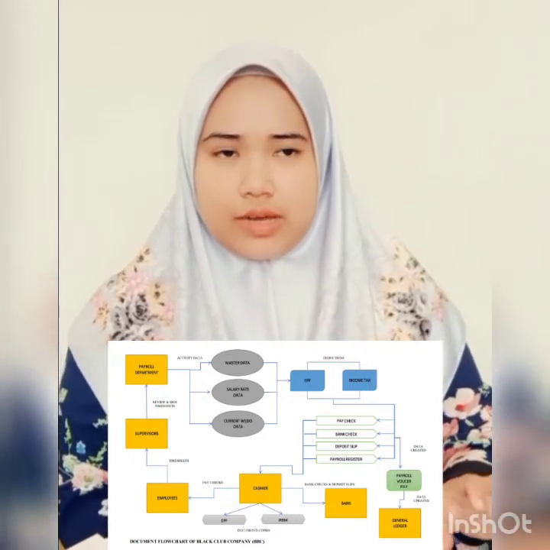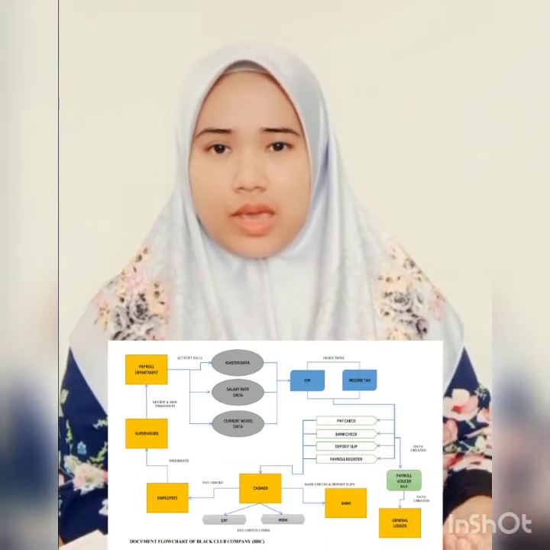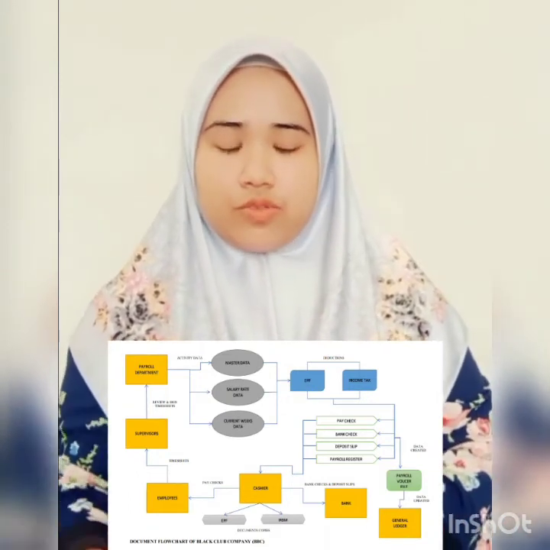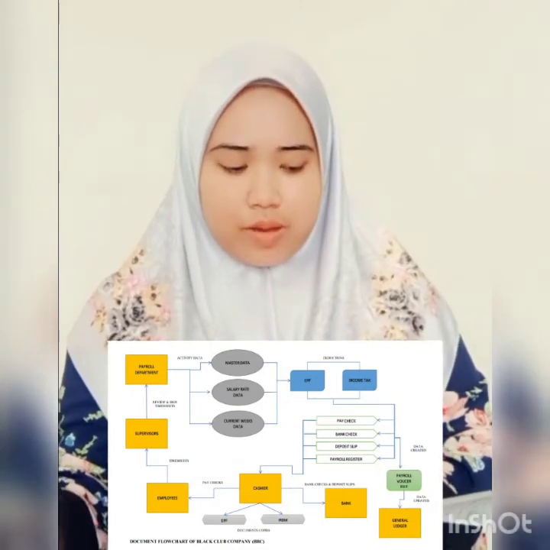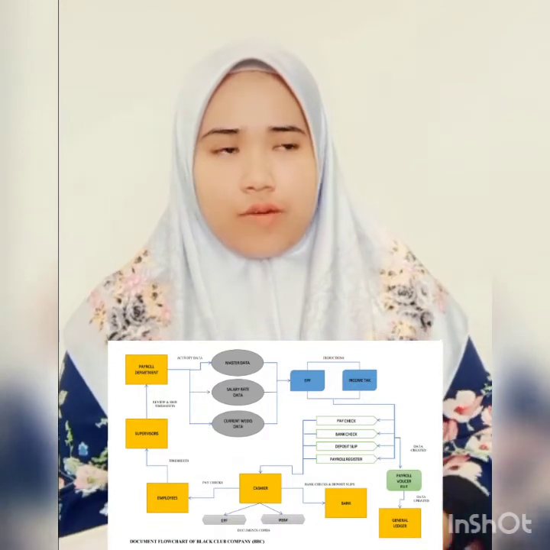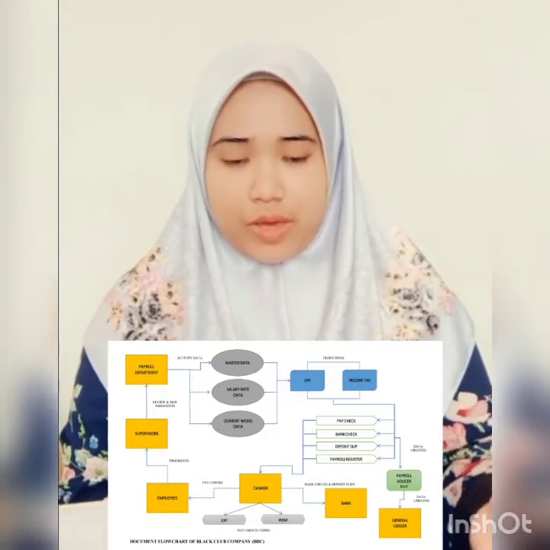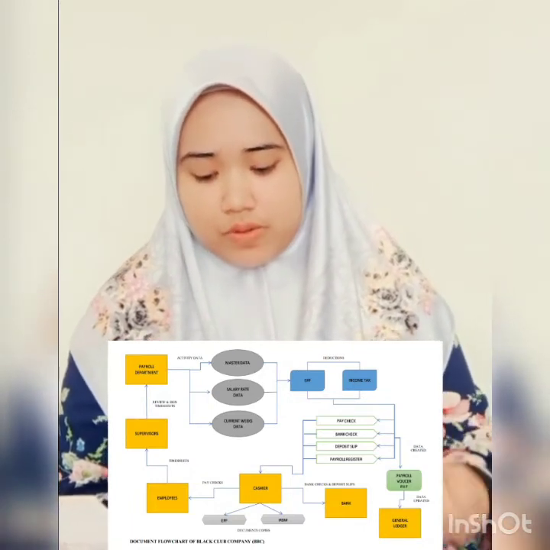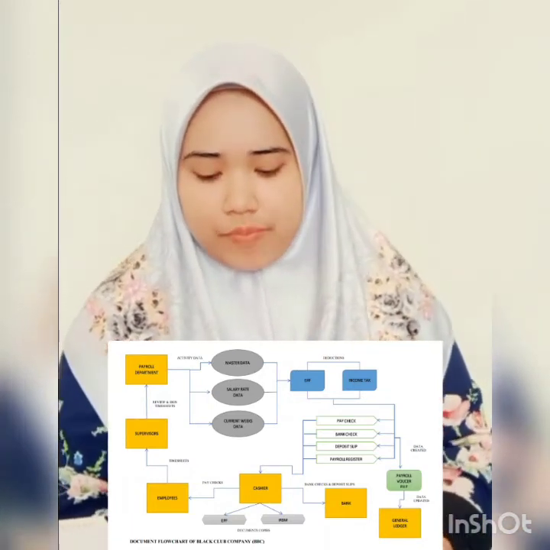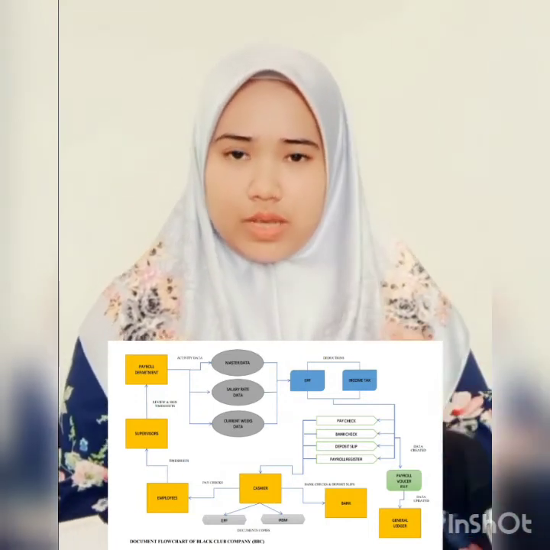After that, EPF and income tax will be updated and deducted from their salary before the payroll voucher is created. After the payroll voucher is created, it will produce the paycheck, bank check, deposit slip, and payroll register. All those slips will be printed out and sent to the cashier.